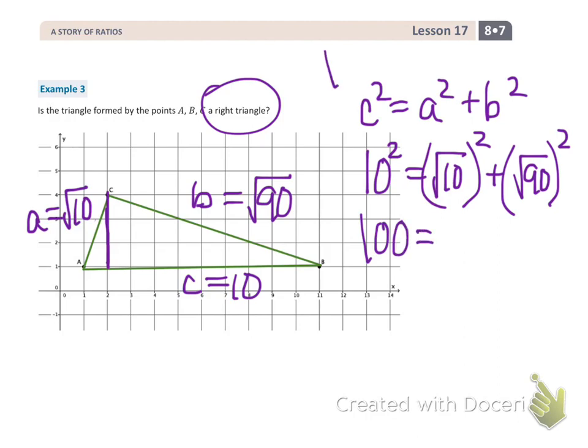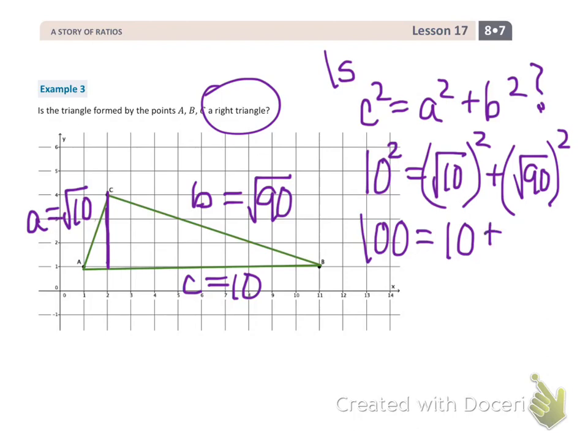And again, I'm checking. This is my question. Is that the case? Square root of 10 squared is 10, right? Because square root of 10 is the number that I multiply by itself to get 10. So if I square it, I end up with 10.